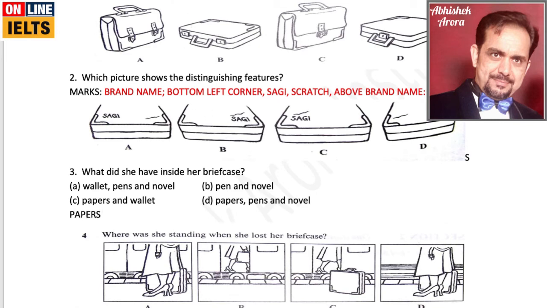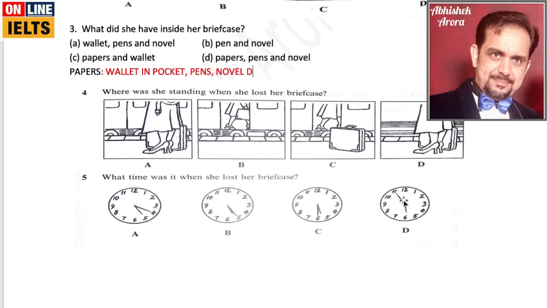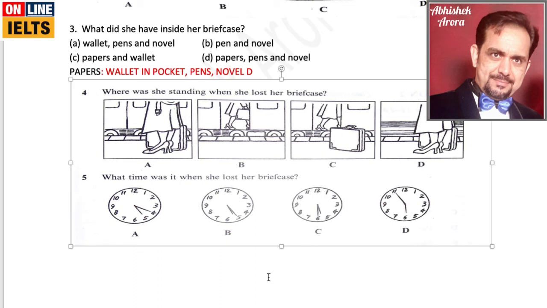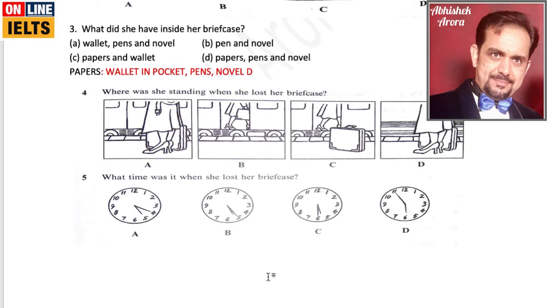Yes, you're lucky. I had my wallet in my pocket, so I didn't lose that. But there were also my pens, which I got for my birthday, and a novel I was planning to read on the train. Right. Where exactly did you lose the briefcase? Well, I couldn't believe it. I was standing on the platform. It was right next to me. You were holding it?